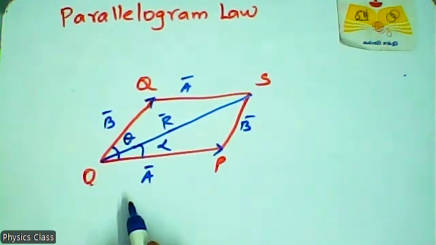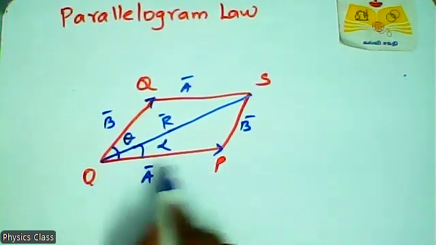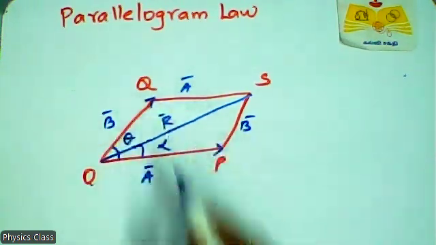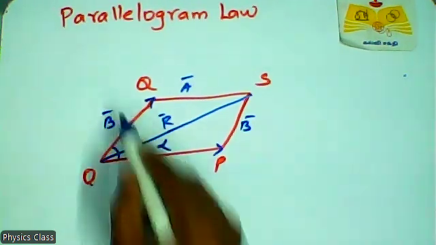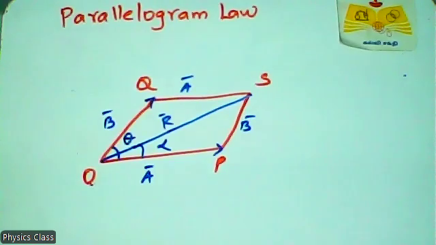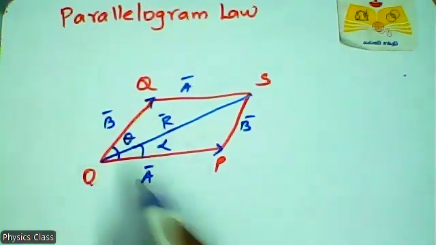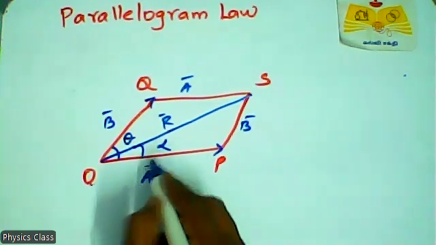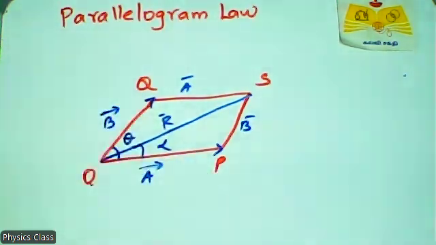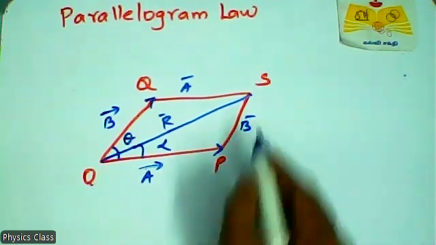Explanation: let OP and OQ represent any two vectors, that is the A vector and the B vector. So OP and OQ represent the two vectors A and B.